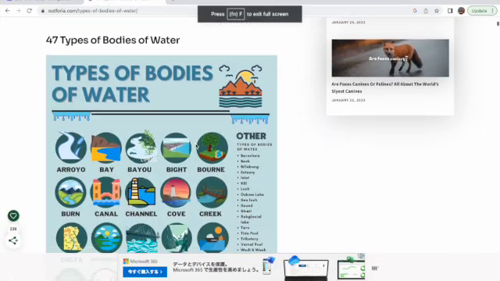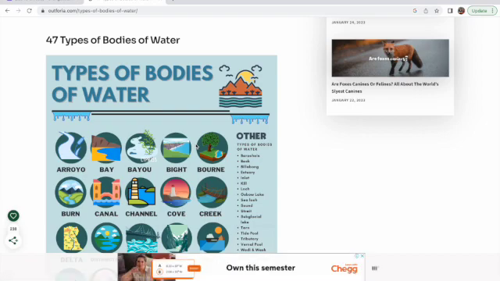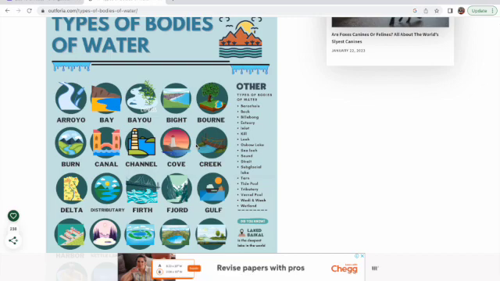Okay, so we have here 45 types of bodies of water. We have arroyo, which is actually a Spanish term. We have a bay, bayou, bight, bourne, burn, canal, channel, cove, creek, delta, distributary.